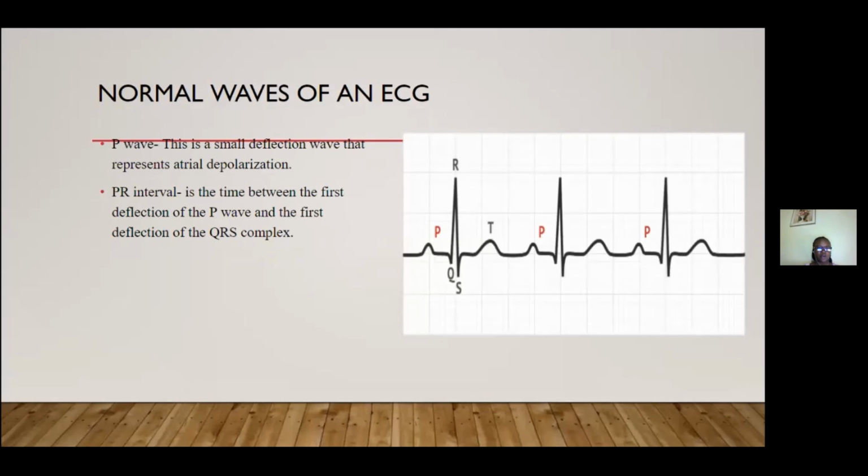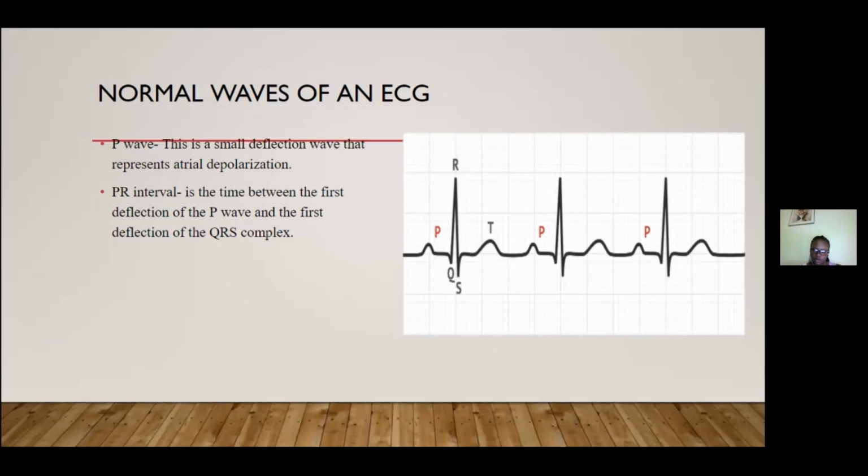The PR interval is the time between the first deflection of the P wave and the first deflection of the QRS complex. The QRS complex represents ventricular depolarization. The small Q wave corresponds to the depolarization of the interventricular septum.